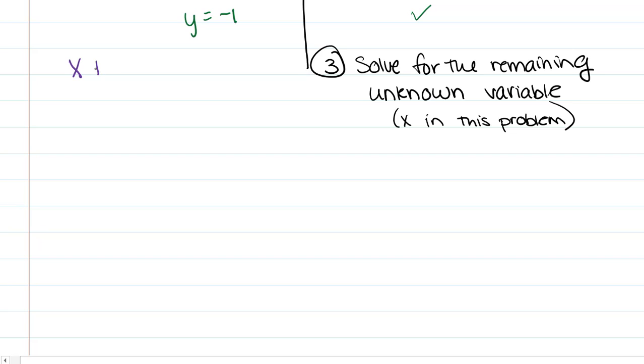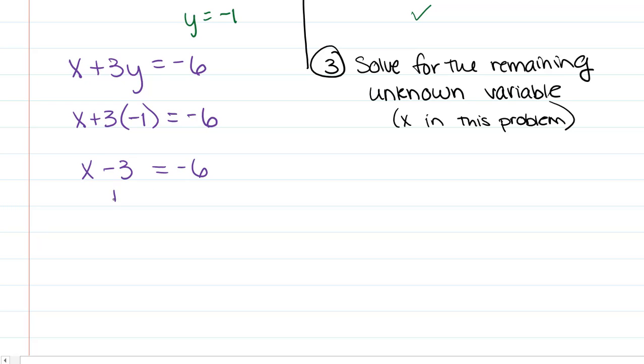You can use either one, it doesn't matter. But I also know that y is negative 1, so I'm going to replace y in this problem with negative 1, another kind of substitution step. And I get x minus 3 equals negative 6. Add 3, and now x is no longer unknown. We know that x is negative 3.